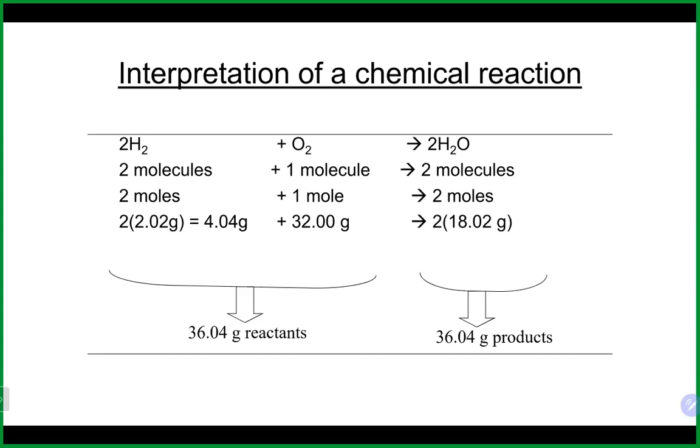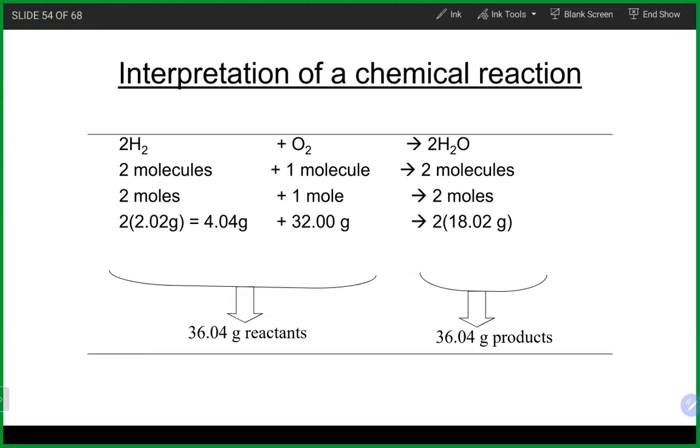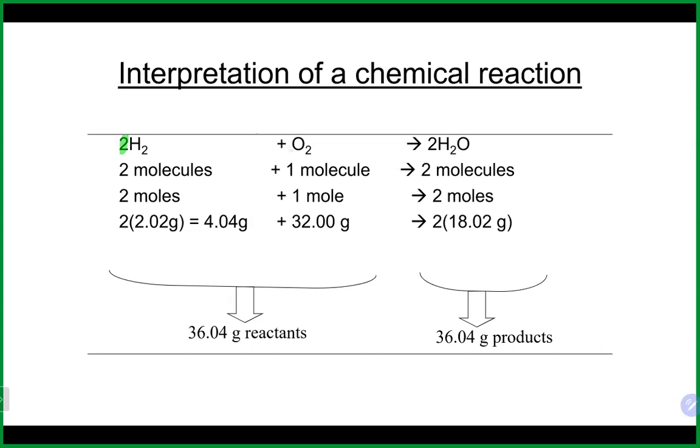From an actual balanced equation, we could come up with some sort of conversion factors that we could use in calculations. And a lot of them are based off of the coefficients. So for example, if we look at the coefficients here, which obviously that would be a 1, we could say that 2 molecules of H2 react with 1 molecule of O2 to give us 2 molecules of H2O.